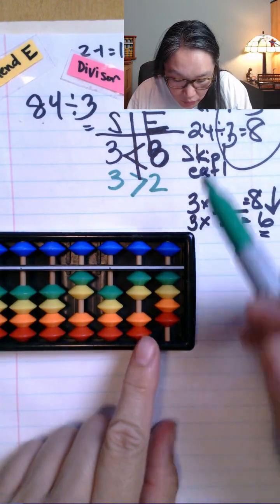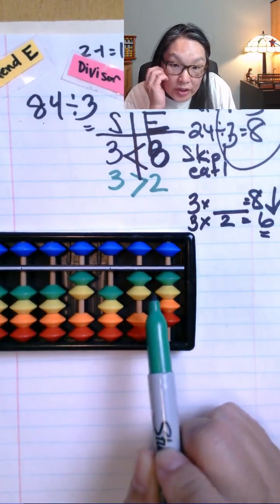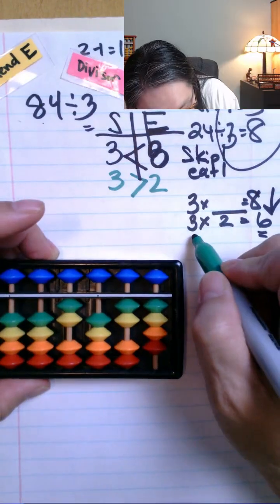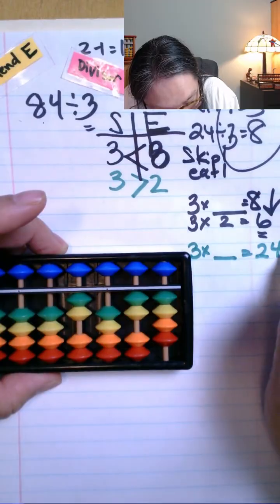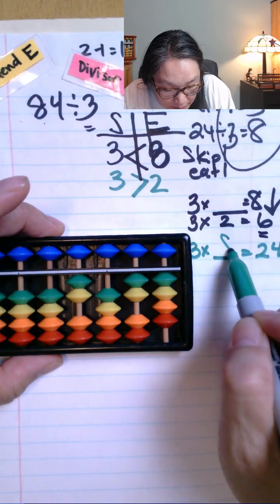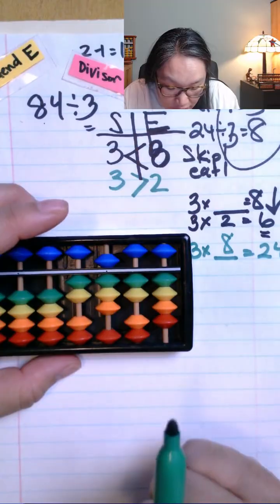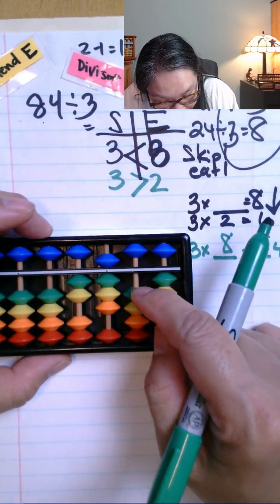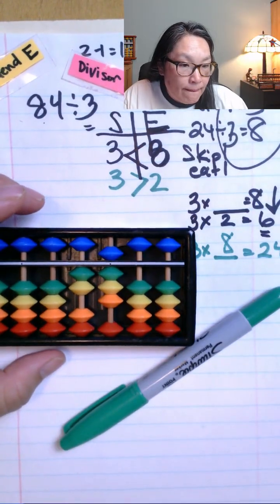These are the 2 columns that we're going to utilize. So the question is, 3 times what is equal to 24 or less? 3 times 8. So I'm going to add 8 as my answer, and I take away 20, and I take away 4.